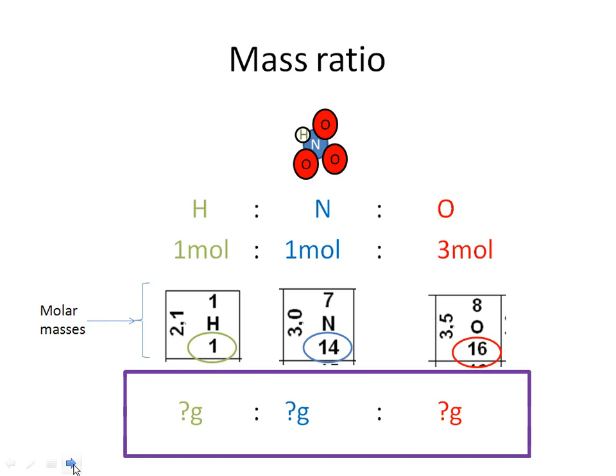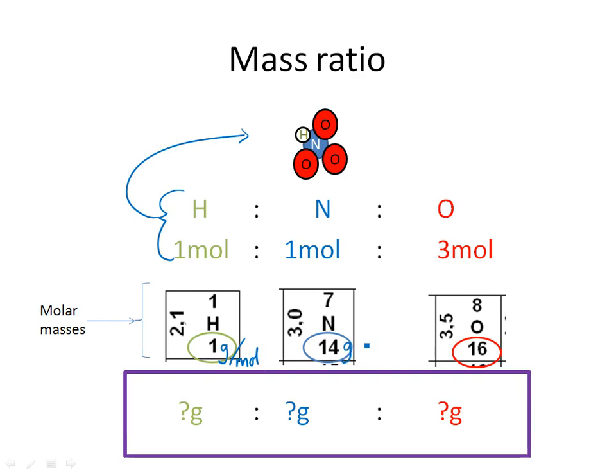So we know the particle ratio already of nitric acid, HNO3, and we need to convert that into a mass ratio. What can help us to do that? Well, by looking at the molar masses on the periodic table, we can know the mass of each element per mole.